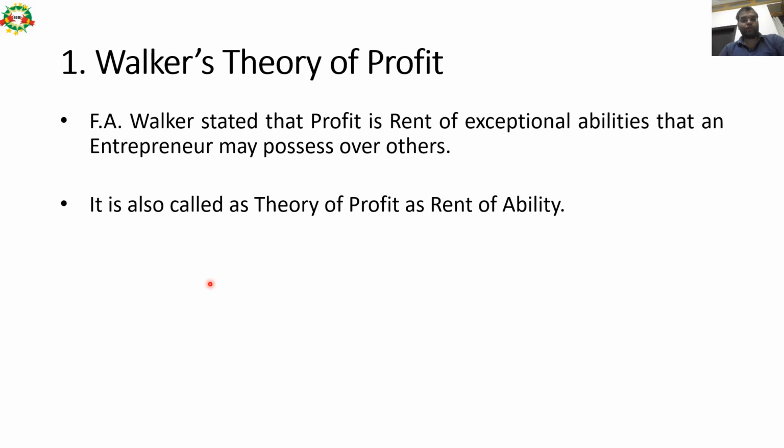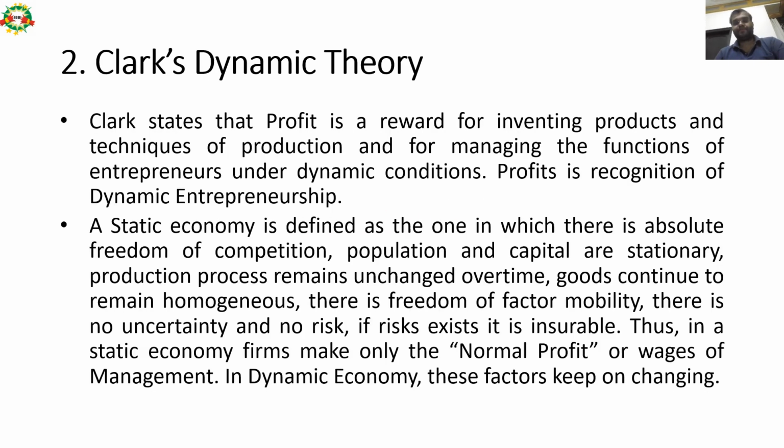So it is also called the theory of profit as rent of ability. Please remember it is coined by F. A. Walker, and this theory talks about exceptional abilities of the entrepreneur which he or she may possess over others. This theory is also called the theory of profit as rent of ability.